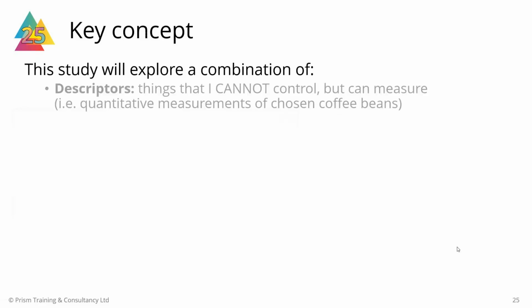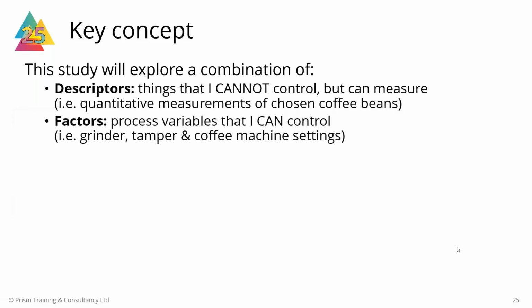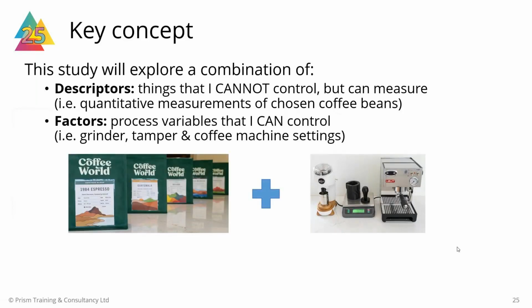And I thought, well, what I want to do in my study is look at a combination of things. I want to look at things that I can't really control, but that I can only measure, so the properties of the beans. And combined with that, what I want to know is what can I do with my equipment to make the most of any coffee bean that I've got in front of me that I can measure the descriptors for. So what my design is going to need to do is combine these elements, the coffee and the process.